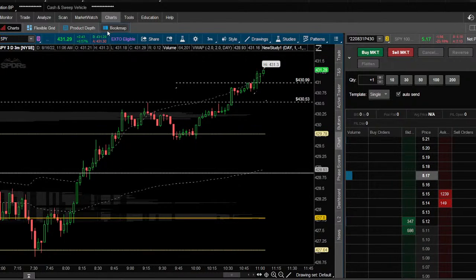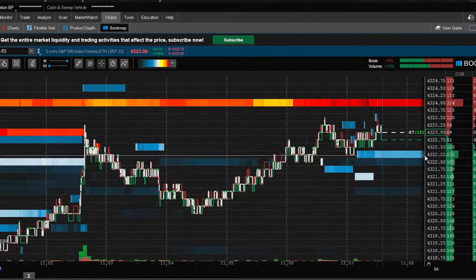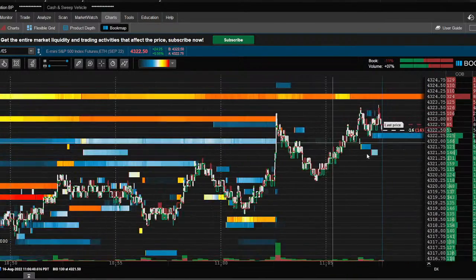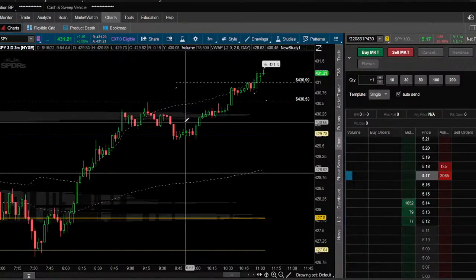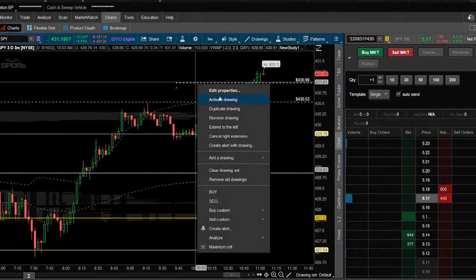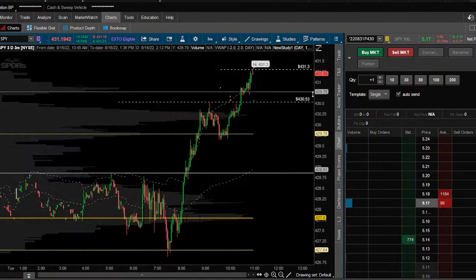Sorry if I'm talking too much about the liquidity, man, but this helps out a lot. But we will see. Oh snap, what'd that do?